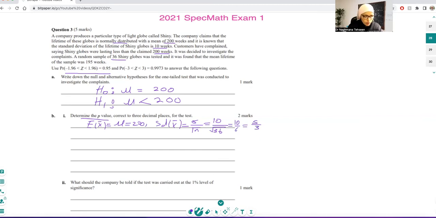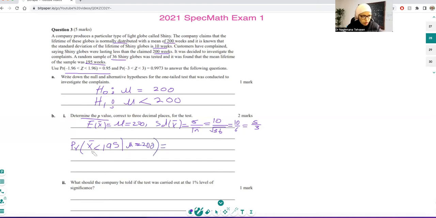Okay, now we're going to find out the p-value, which would be equal to the probability of x bar being less than 195, given that mu is 200. So what does that mean?